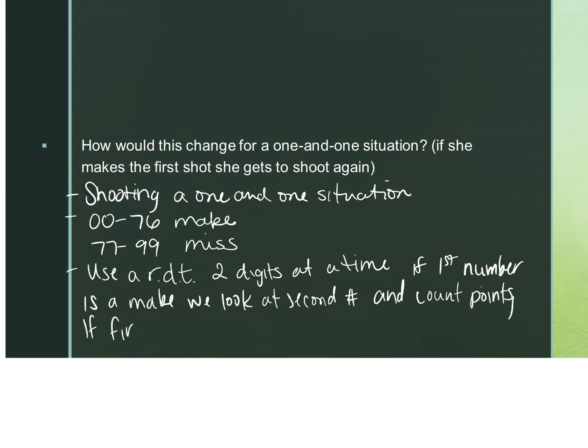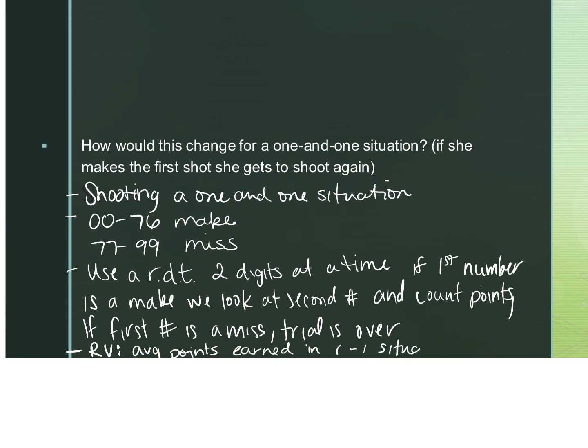If the first number is a miss, the trial is over. Our random response variable is going to be the average points earned in the 1-and-1 situation.